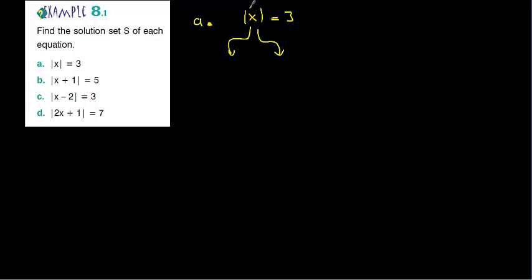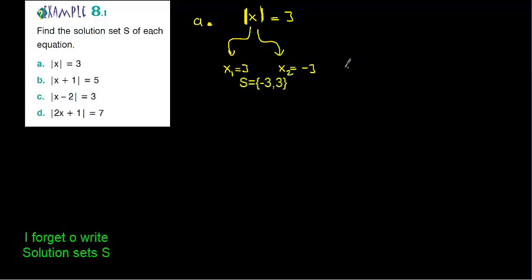So what is written inside the absolute value sign is equal to 3, and the negative of it. So x1 will be equal to 3, or x2 will be equal to -3.